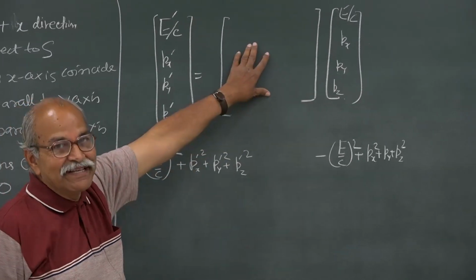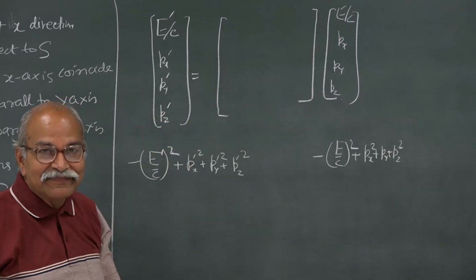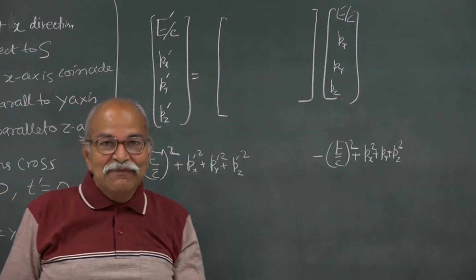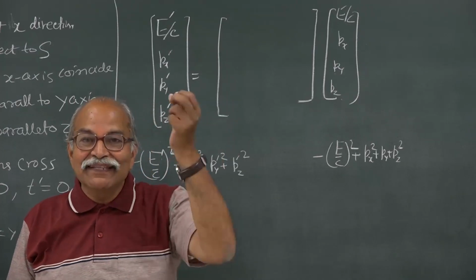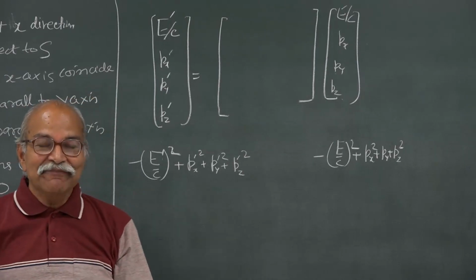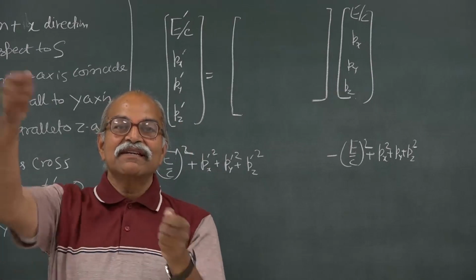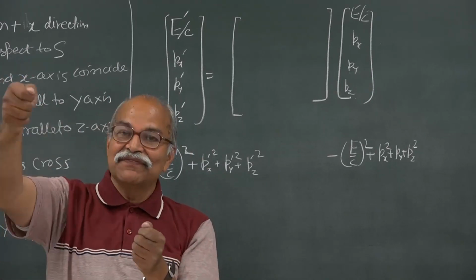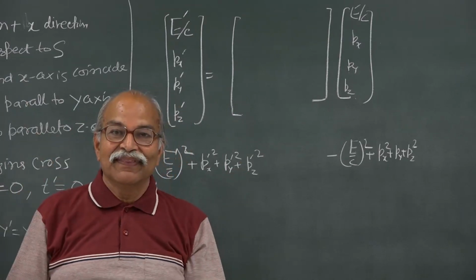whatever this matrix is. After all, it is only changing the frame. So when I am changing the frame, I am not changing the magnitude of a vector. In 3-dimensional geometry, when we have xyz axis and there is a vector, the length of the vector will not change if I reorient the frame.